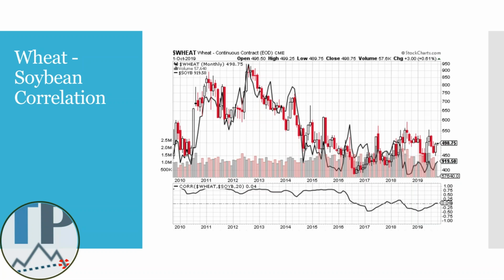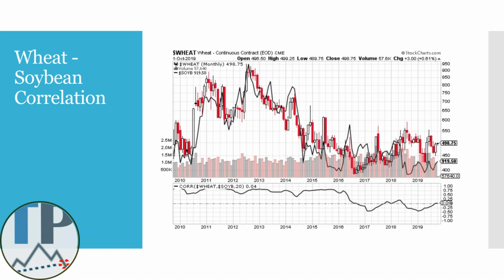When I say consumer, I'm not referring to individual consumers per se, but there are food processors as well as livestock producers who will purchase both wheat and soybean to use as feed, along with corn, and they'll use that feed to provide for their cattle or perhaps for their poultry or pigs.